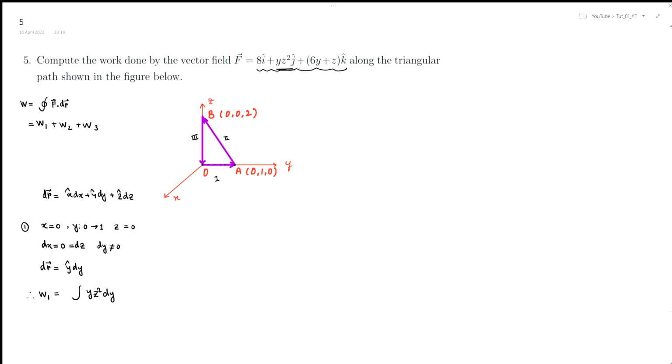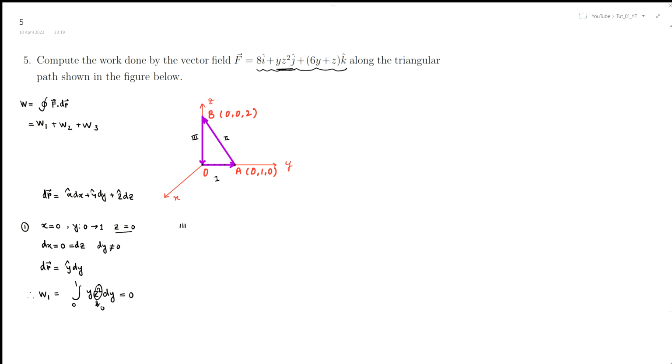What is the limit for y? Y is going from 0 to 1, so we write the limit for y as 0 to 1. Now, because z is constant and equal to 0, in place of z we write 0. Once we write 0, this integral becomes 0. So the answer along path 1 is equal to 0.